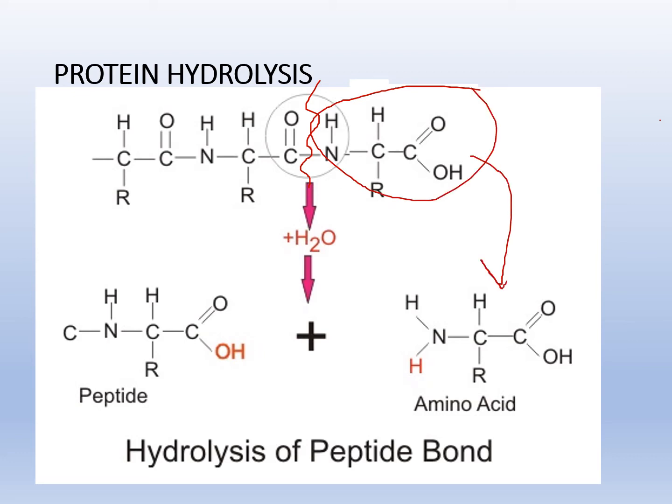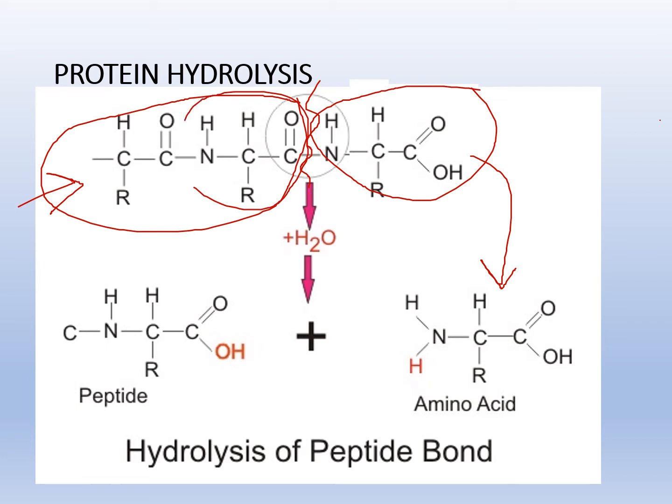It is released. And then this one will also be released. Notice that this is not an amino acid but still a peptide, because this is still a combination of two amino acids, correct? Here is one amino acid, and here is another amino acid that is still attached. That's why it is still a peptide.